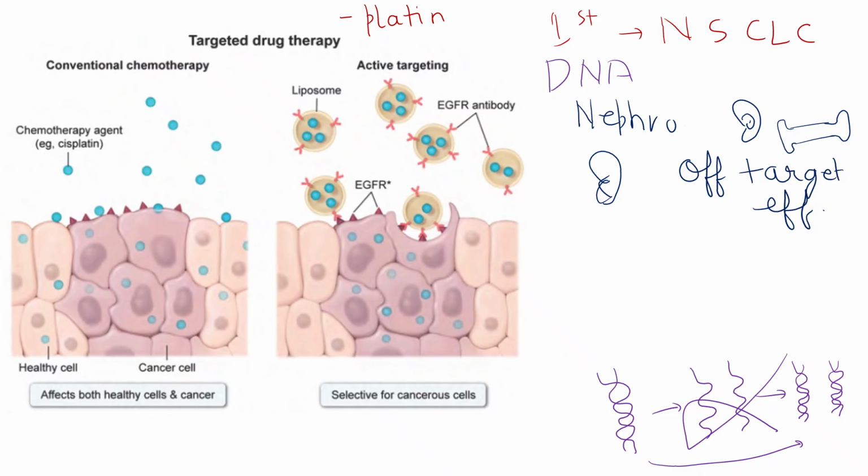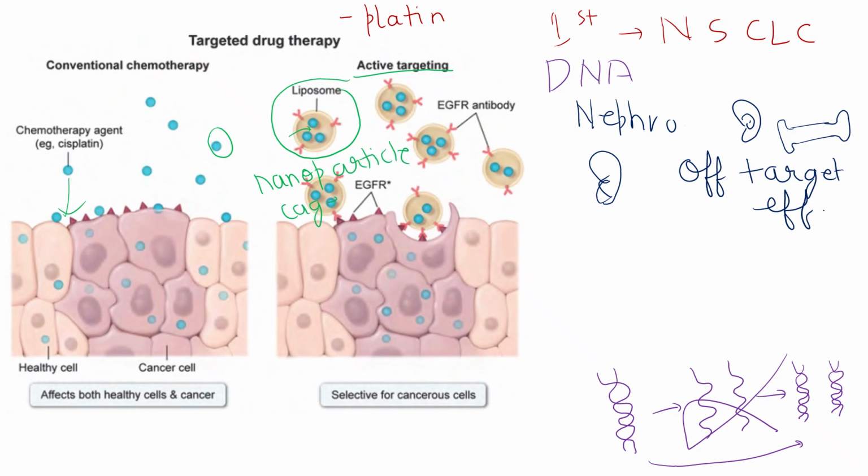In this example, cisplatin is encapsulated in liposomes, as you read. See here. This is conventional chemotherapy. This is active targeting. Cisplatin, these green molecules, encapsulated in a liposome, that is a nanoparticle, forming a nanoparticle cage. This is known as a nanoparticle cage.